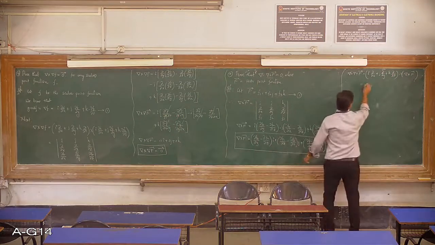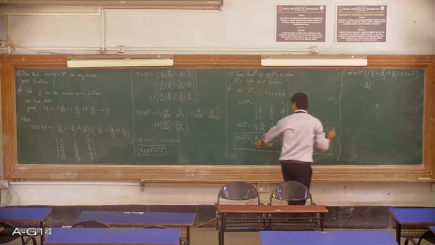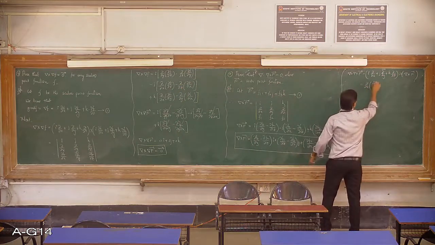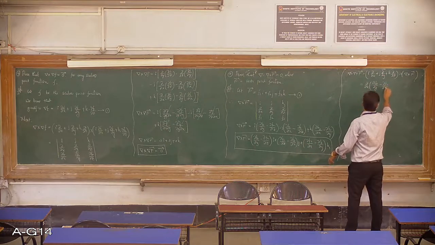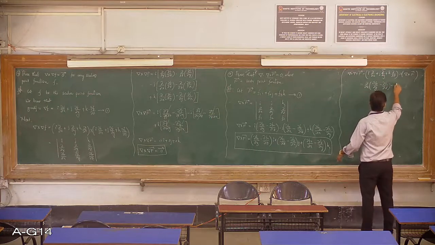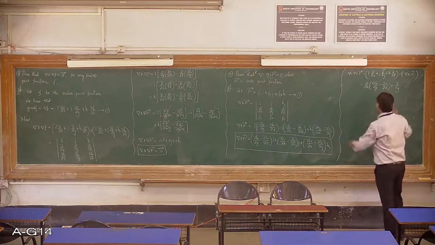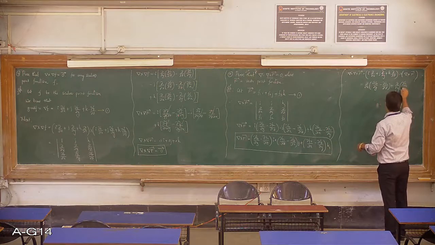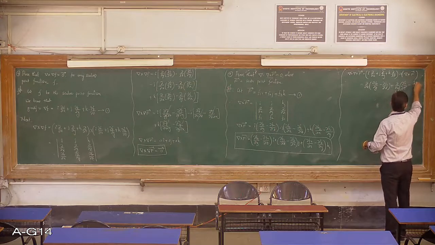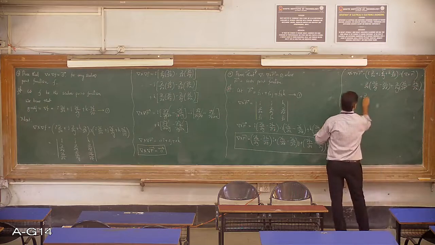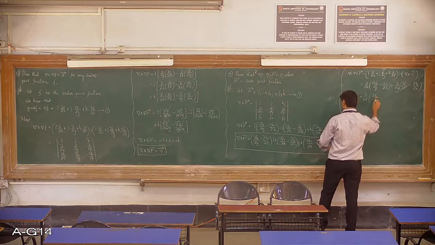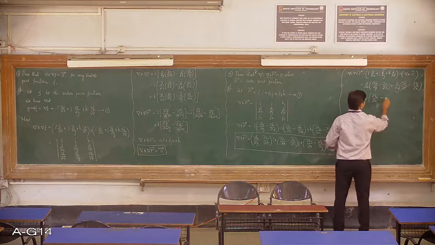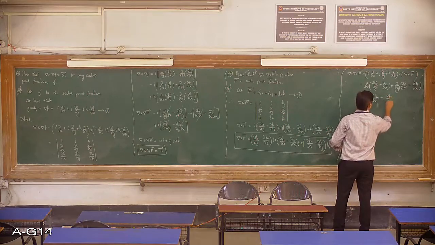So dou by dou x of dou f3 by dou y minus dou f2 by dou z, plus dou by dou y of dou f1 by dou z minus dou f3 by dou x, lastly plus dou by dou z of dou f2 by dou x minus dou f1 by dou y.